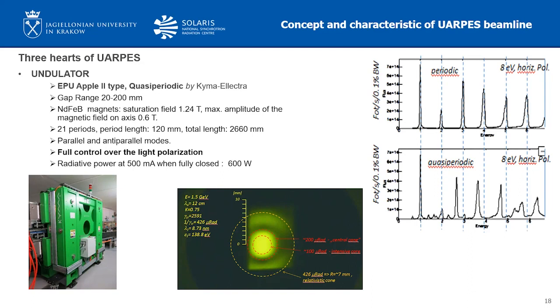The reduction of higher harmonics is very important for measurements with low energy excitation, so that the higher harmonics do not excite the valence and core bands, generating additional background. The contamination of the higher harmonics at the end of our beamline is about 1% or less.